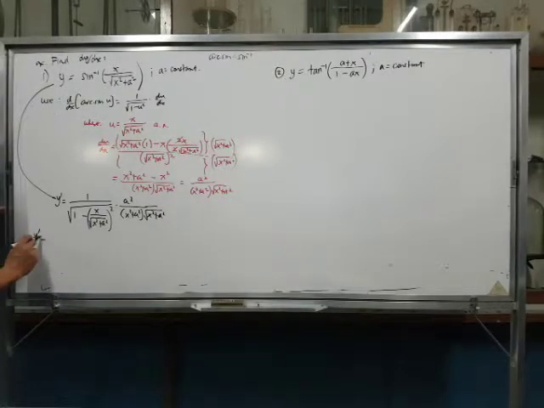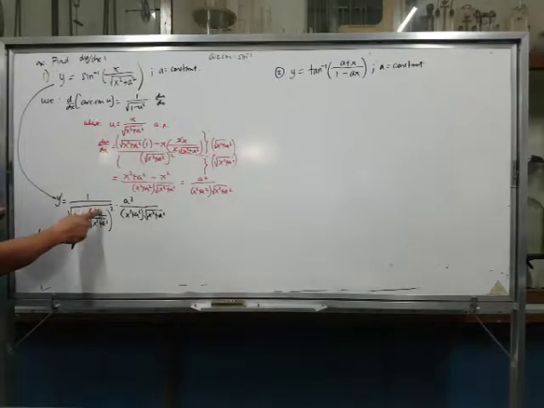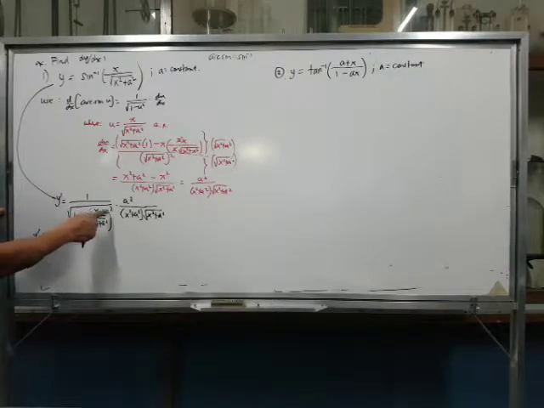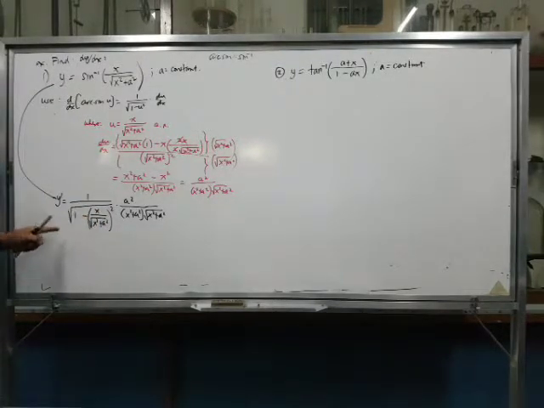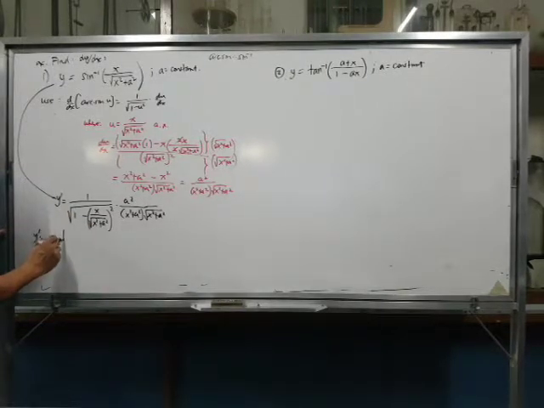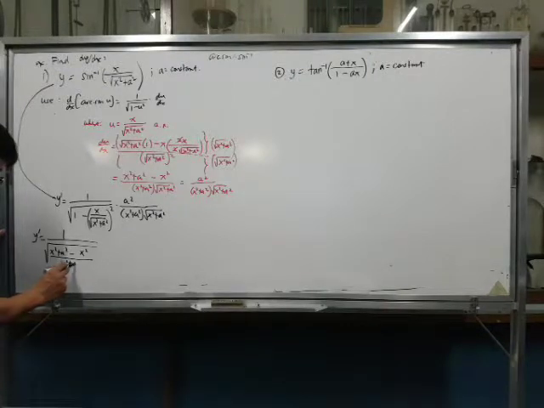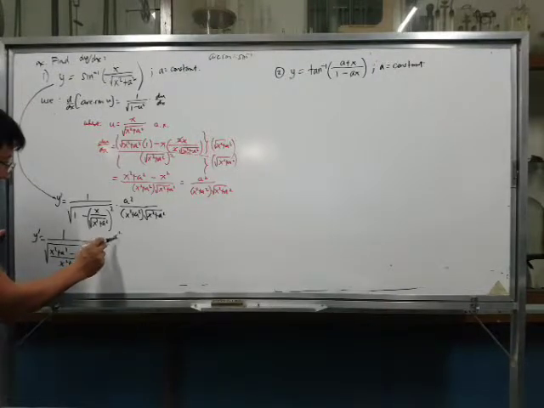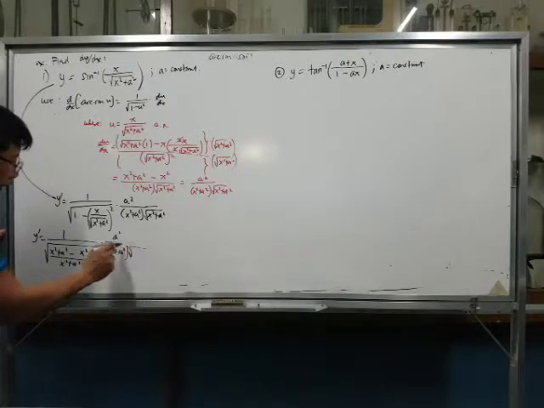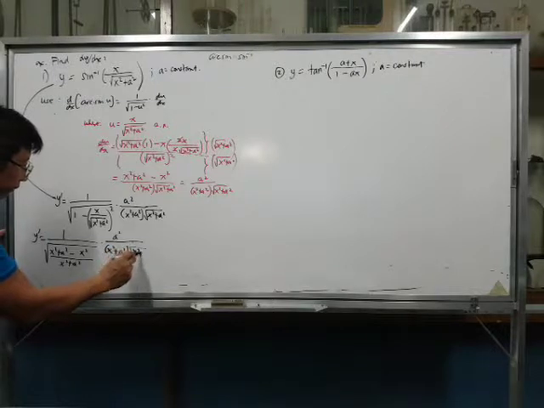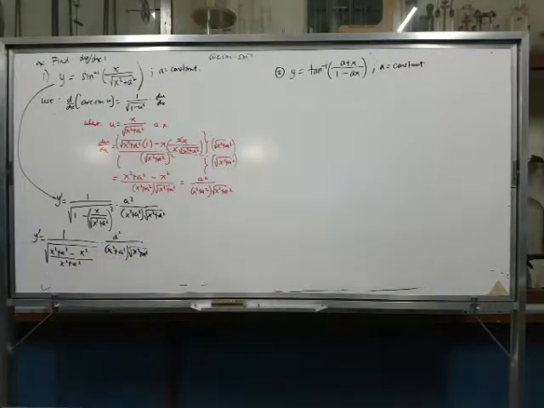And so you notice that y prime is just equal to, so this will be x squared and the square root cancels out. Then get the LCD, so we multiply x squared plus a squared by 1. So this becomes 1 over square root of a squared times a squared divided by x squared plus a squared times the square root of x squared plus a squared.